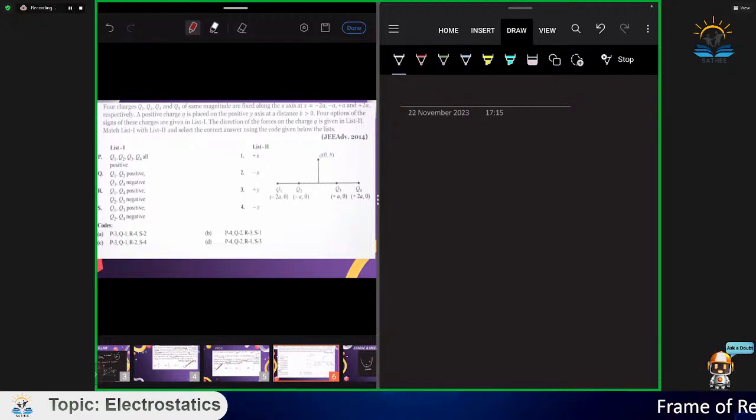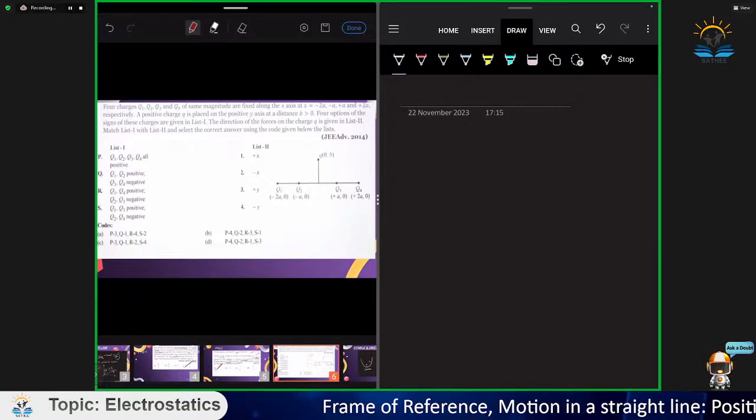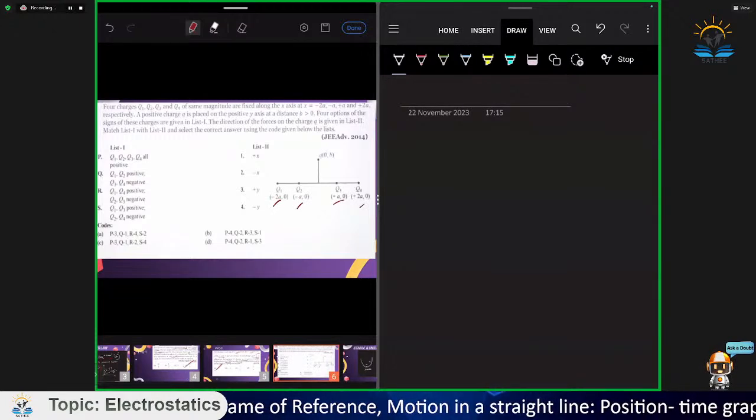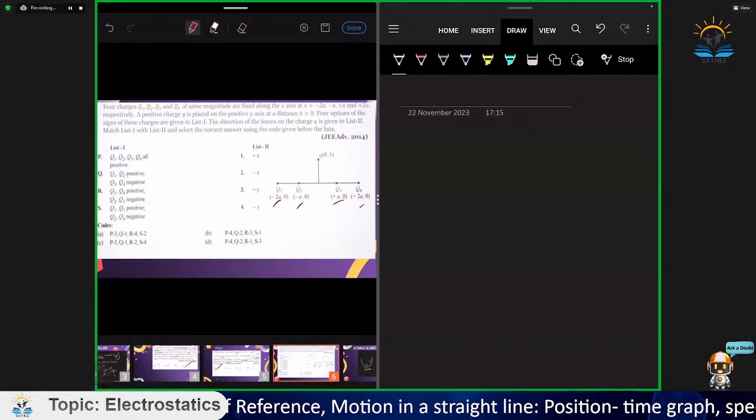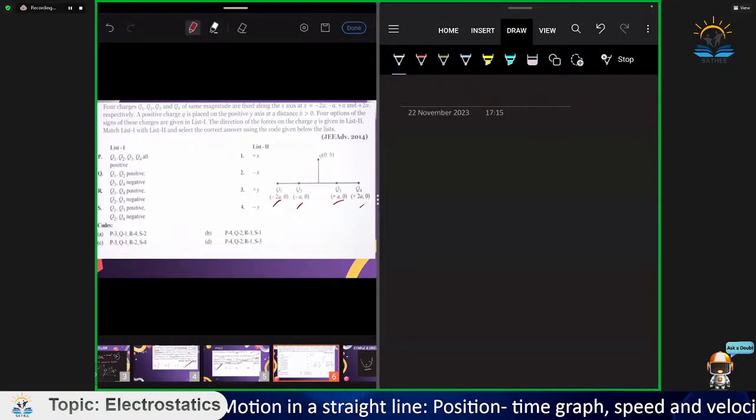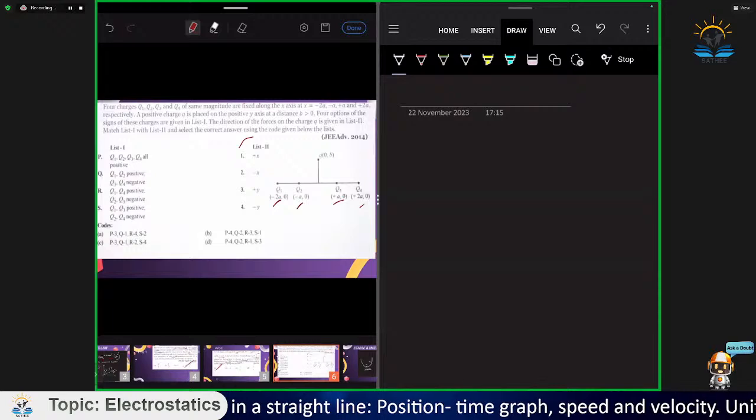Four options of the signs of these charges are given in list 1, PQRS. In each option, the signs of Q1, Q2, Q3, Q4 are different. The directions of forces are given in list 2, so we have to match list 1 with list 2. This is almost like the previous question.